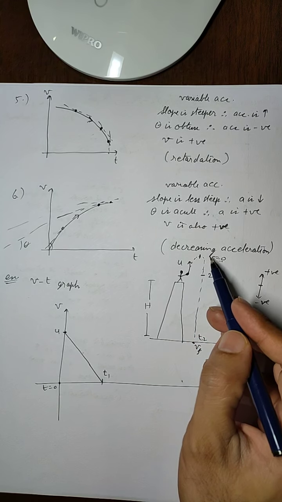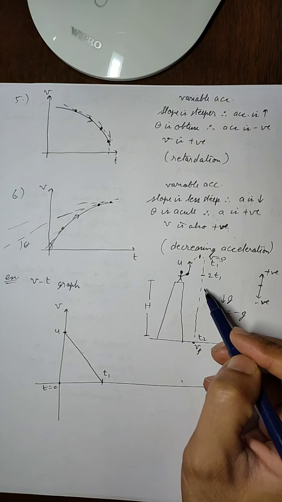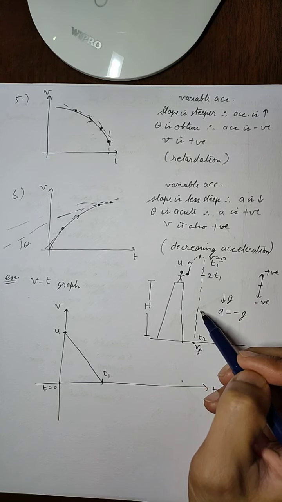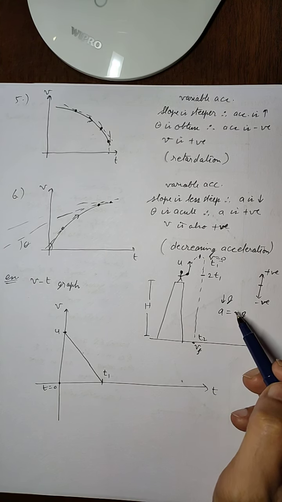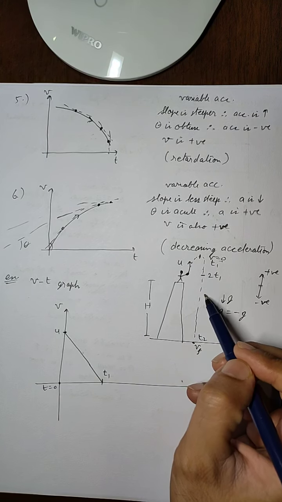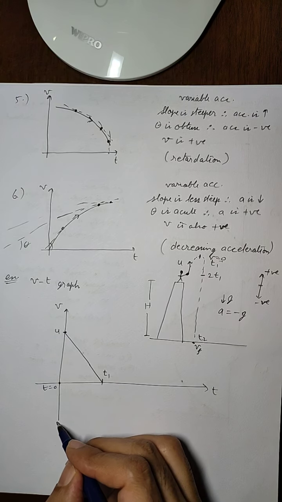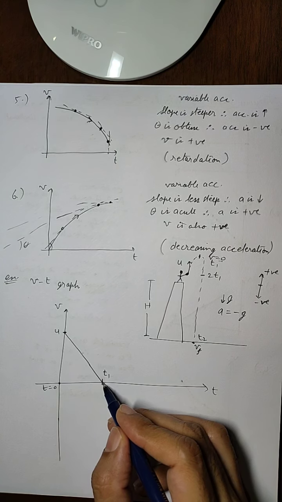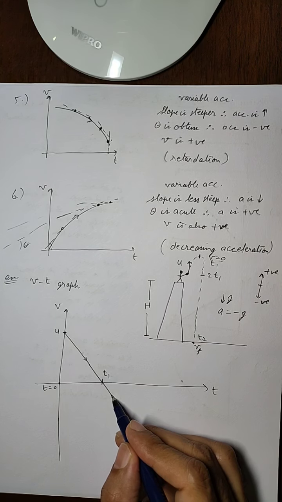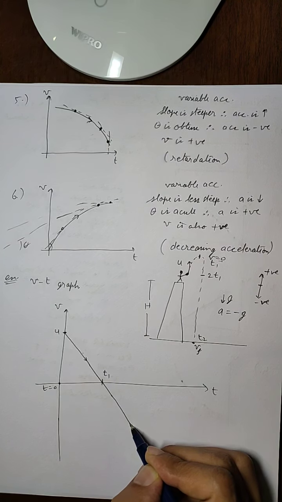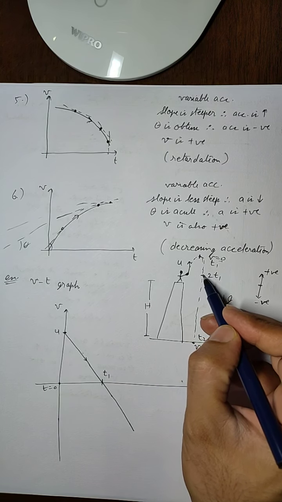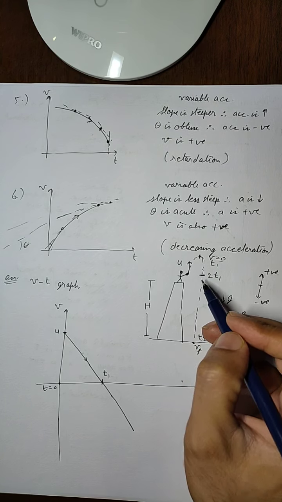Now at time t1, after this time the velocity is going in downward direction, so it is going on the negative side. So velocity is also on the negative side and acceleration is also on the negative side. That means the velocity is going to increase, but it is going to increase in negative direction. So our graph will continue in this way till the ball again crosses its starting point.